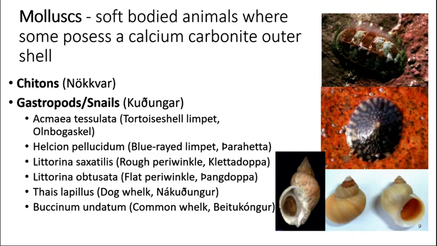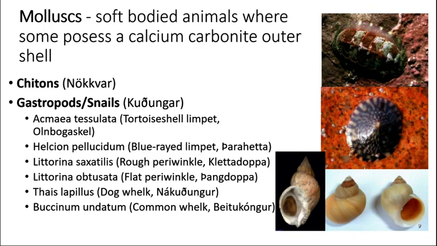Chitons, they are the ones on the top picture, and can be found usually in lower zones where there's plenty of water. But then we also have the gastropods, which are probably the most abundant and most pronounced species in coastal areas. We can find many different kinds of gastropods, but gastropods are snails.